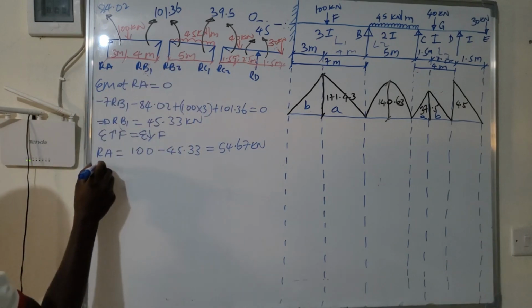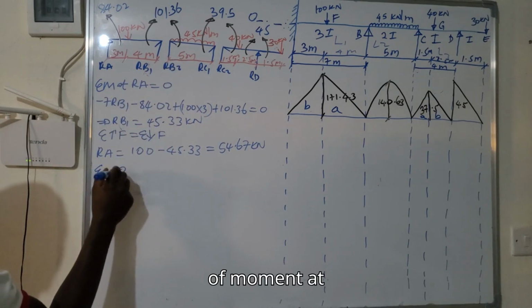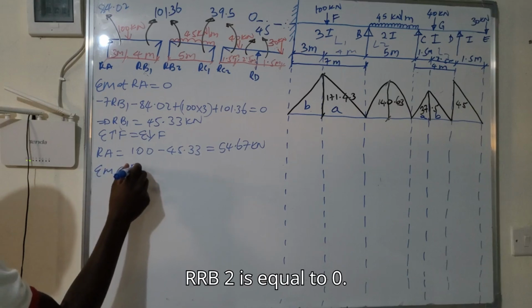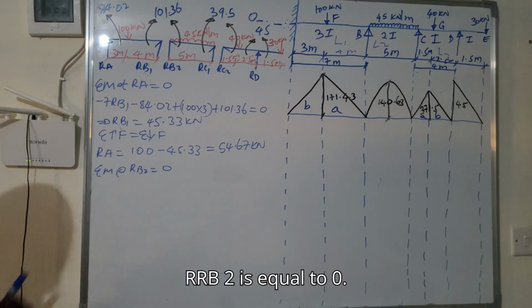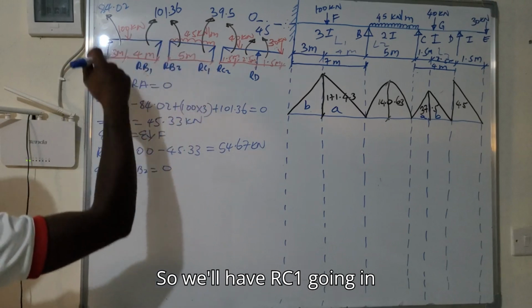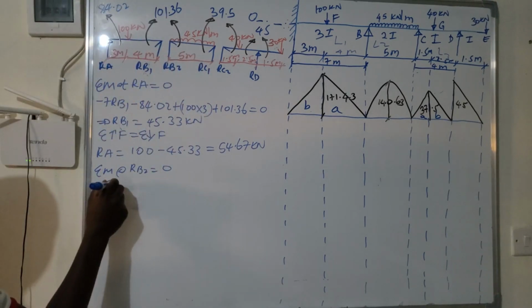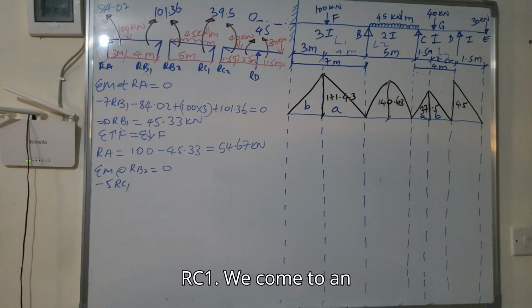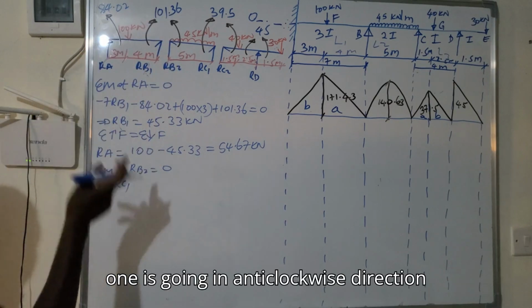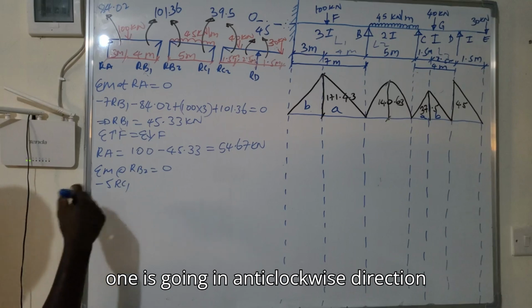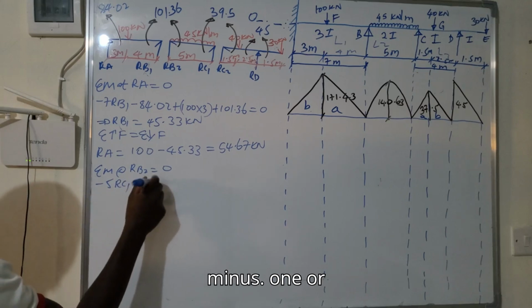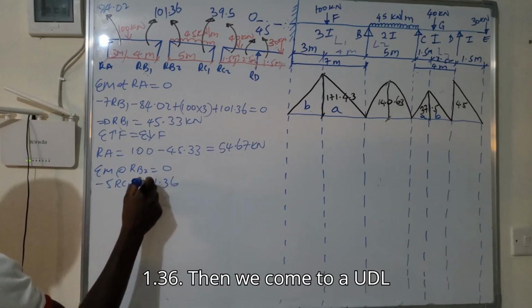So summation of moment at RB2 is equal to 0. So we'll have RC1 going in anti-clockwise, so minus 5 RC1. We come to 101, is going in anti-clockwise direction, minus 101.36.